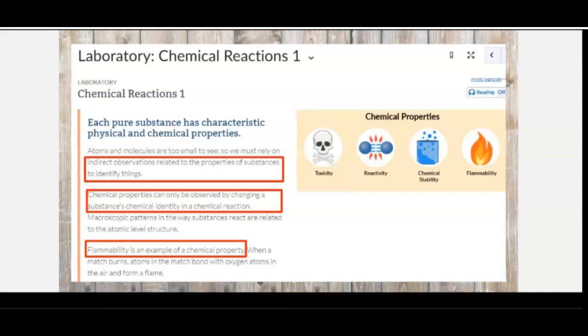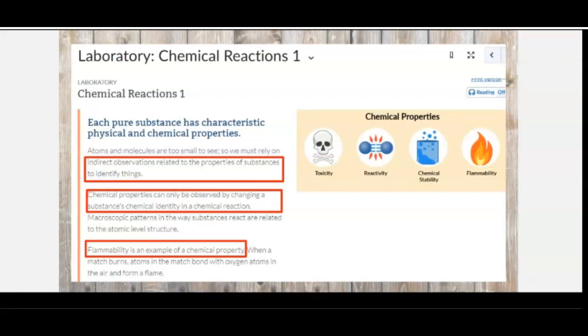Do you guys remember any of the other ones? Any other chemical properties that you remember from reading so far in your lessons? Hopefully you know these words. Chemical property. They're also on the screen. So focus in, list some words.